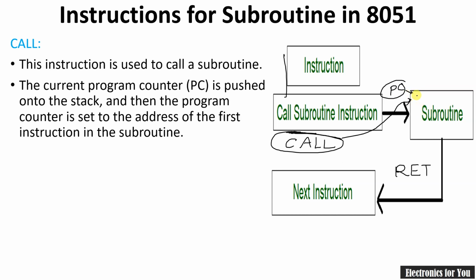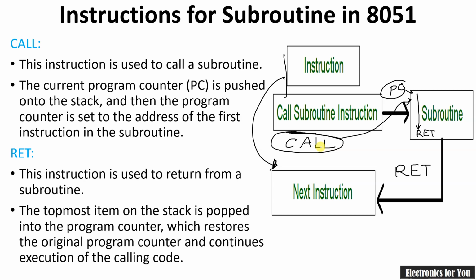And once the subroutine program is executed, that is, it gets over, how is it indicated? It is indicated by the RET instruction, that is the return instruction. And once it is executed, definitely control moves to the next instruction after the call instruction in our main program. So this is the call instruction and the return instruction respectively.